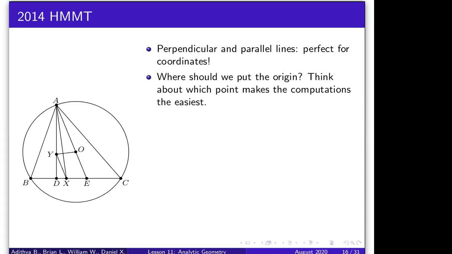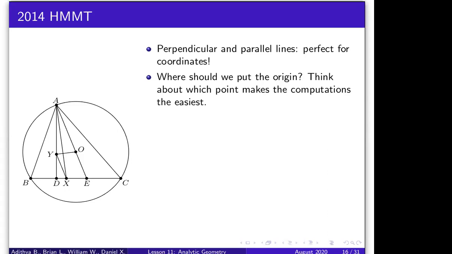Yeah, so some people said D should be the origin, and the reason this is a good choice is because when you set D to be the origin, most of the points we have would be on either the x-axis or the y-axis.